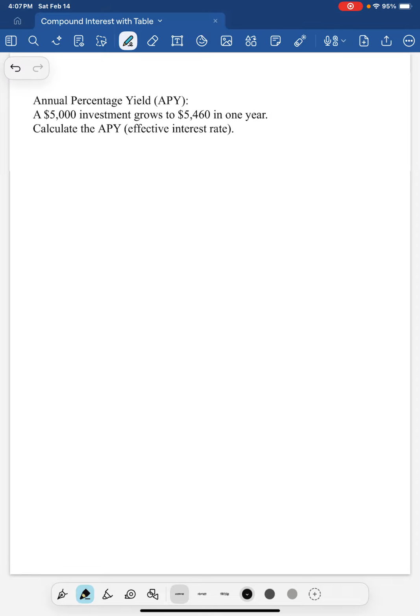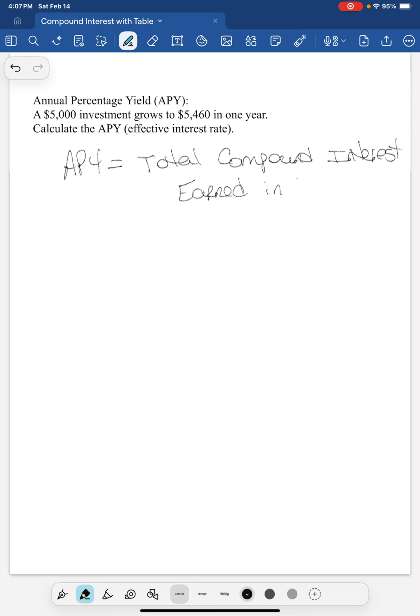So what you do is the APY formula is equal to total compound interest that is earned in 1 year divided by the principal. Okay?